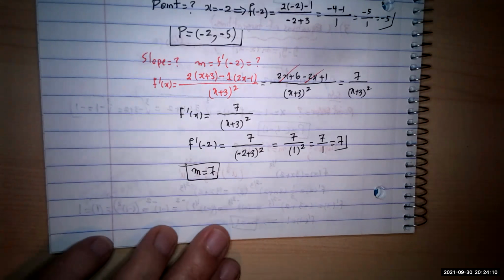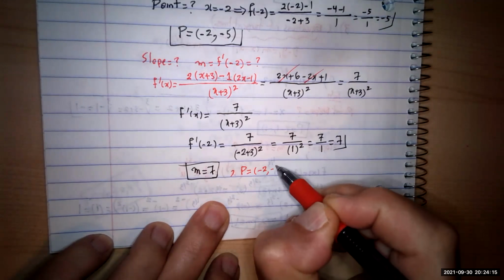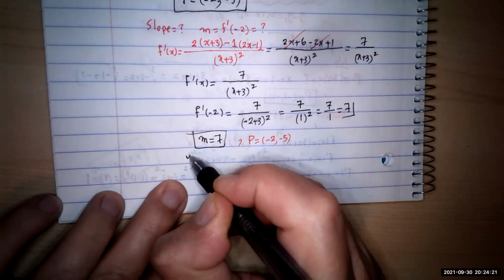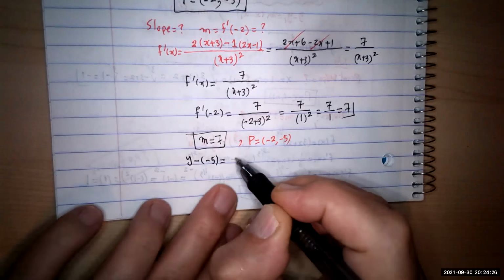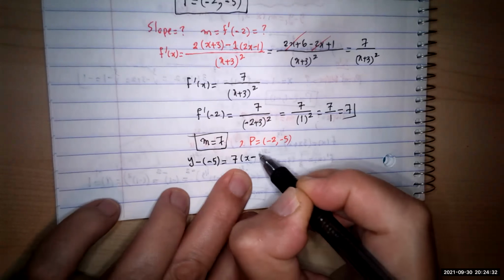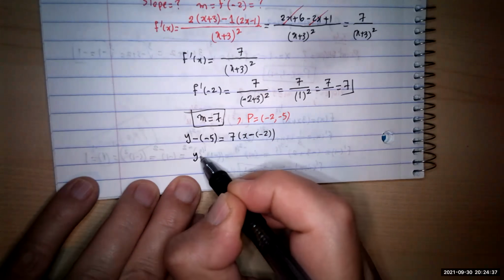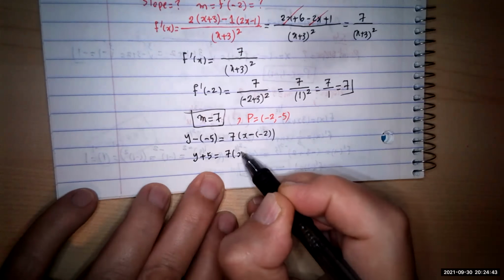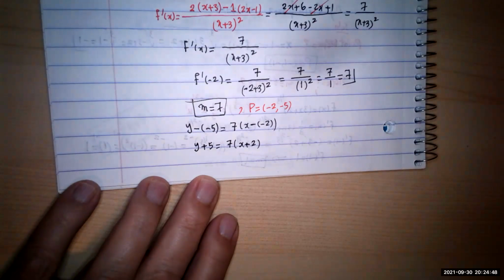Now we have the slope and the point, we write the equation of a tangent line. The point is (-2, -5). So for the equation of a tangent line, y minus y1, which is y minus -5, is equal to m, which is 7, times x minus x1, x minus -2. You have to simplify that: y plus 5 equals 7 times the inside, x plus 2.